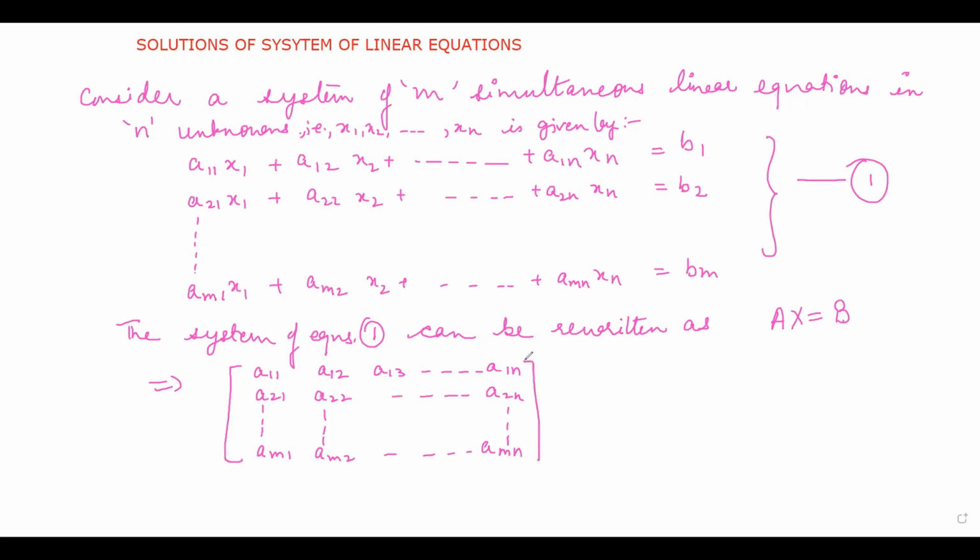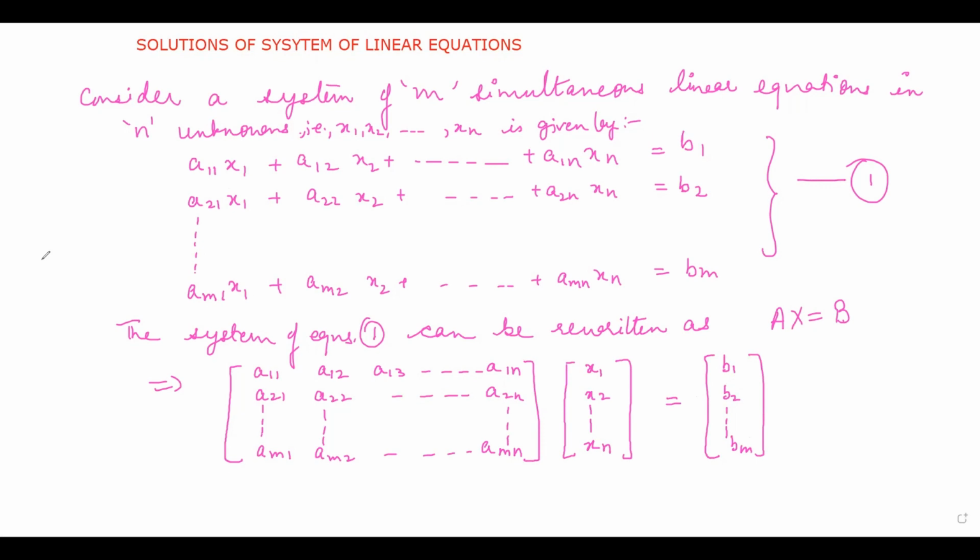So this is your A. X would be the unknowns, so it would be x1, x2 up till xn, and it is equal to B. B is nothing but your bi's.